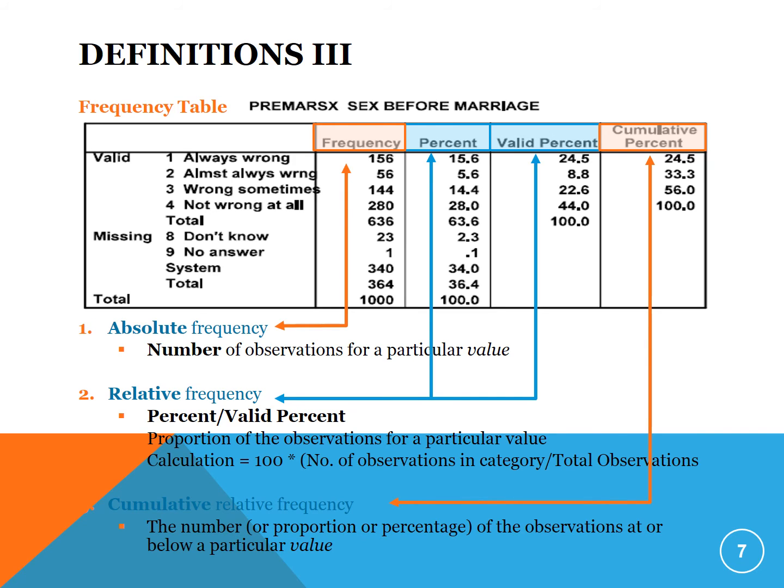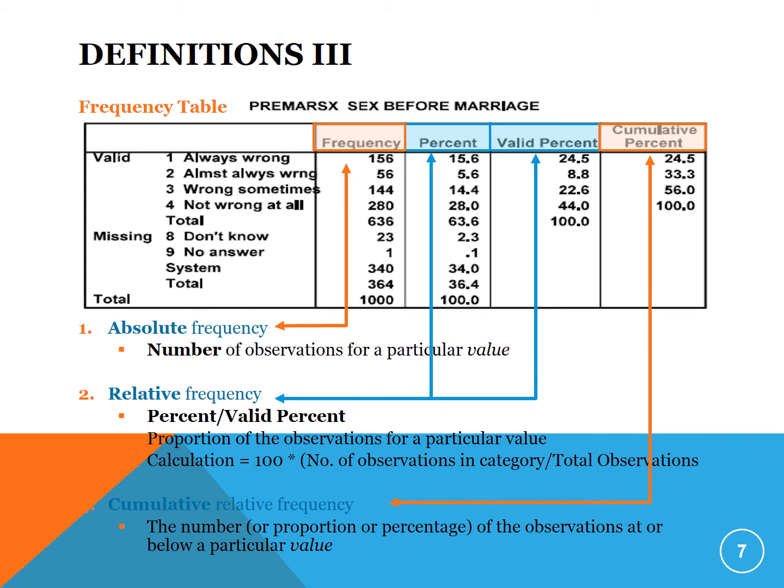So of the total number of people that were surveyed, 1,000 people were surveyed, but only 636 people provided valid responses. The responses we see numbered 1, 2, 3, or 4.